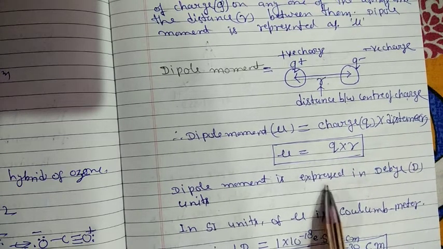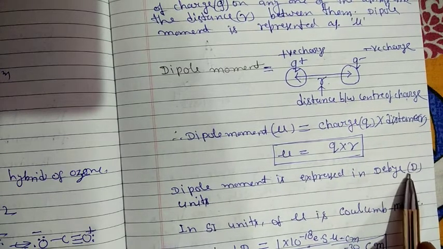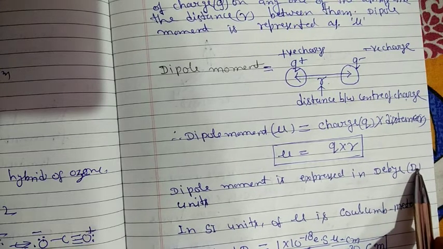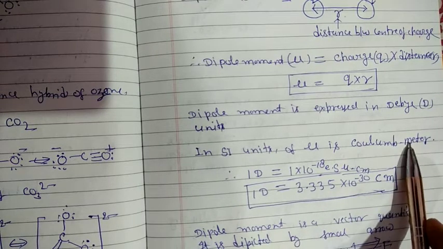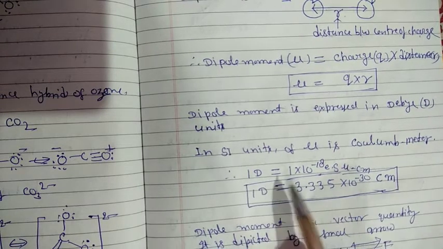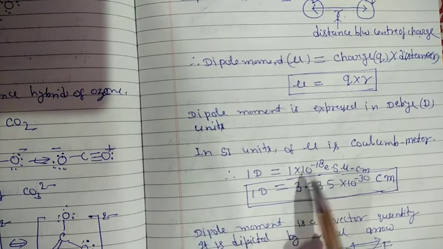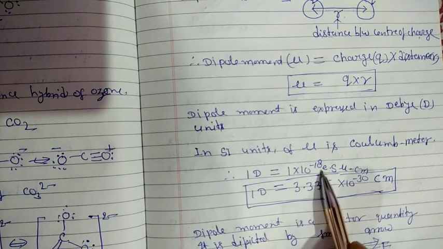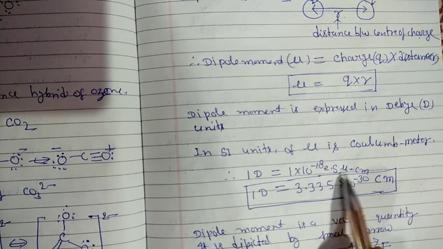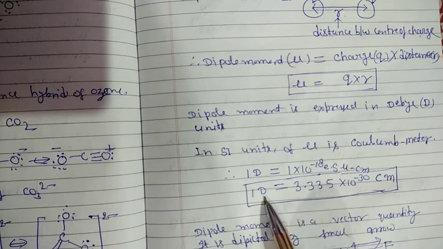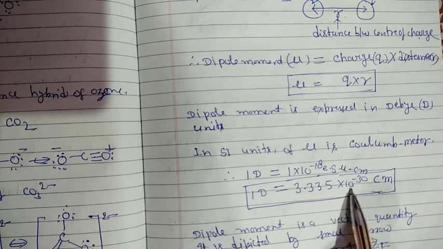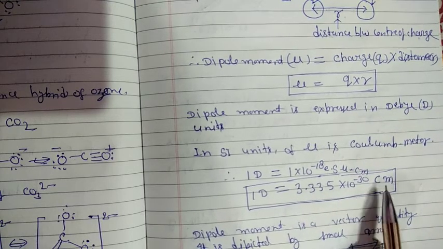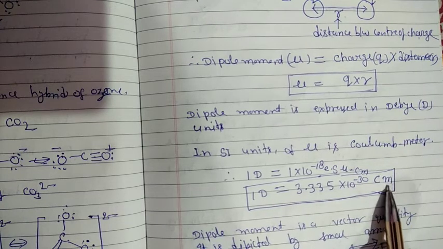Dipole moment is expressed in debye. We represent it with capital D units, but in SI units mu is coulomb meter, and 1 debye equals 1 into 10 to the power minus 18 electrostatic unit centimeter, that is 1 debye equals the final value 3.335 into 10 to the power minus 30 coulomb meter, not centimeter, coulomb meter.